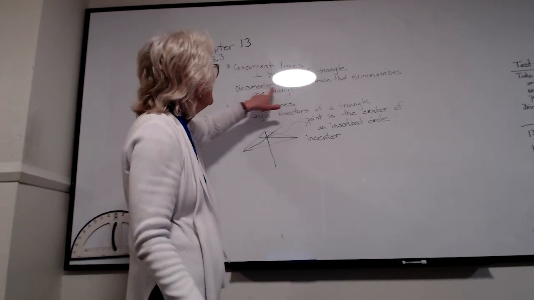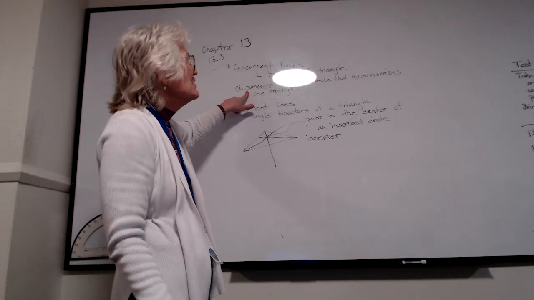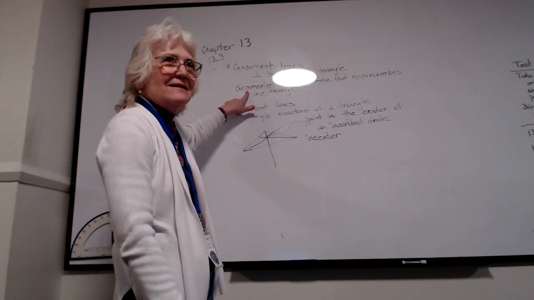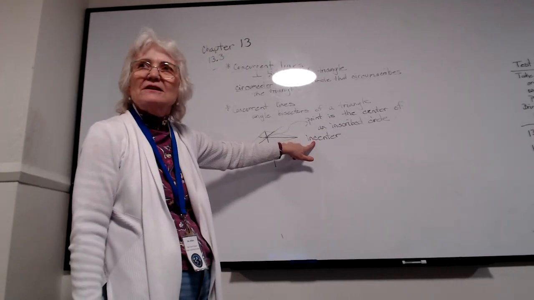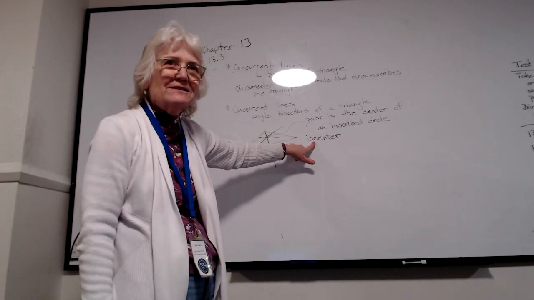So remember up here, it was the circumcenter. You just take the scribe off and put center on it. Here you take the scribe off and put center on it, and that's the name of the center point, okay?